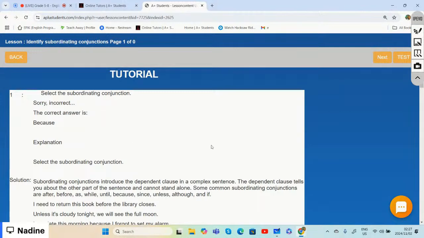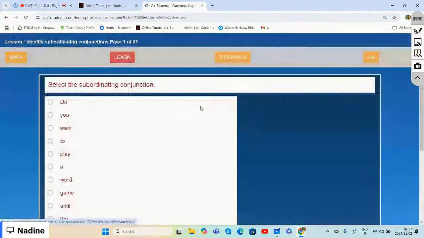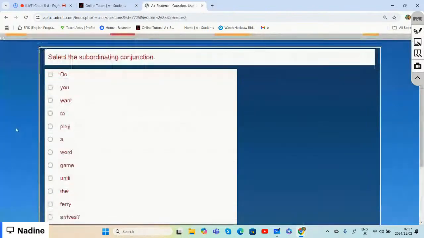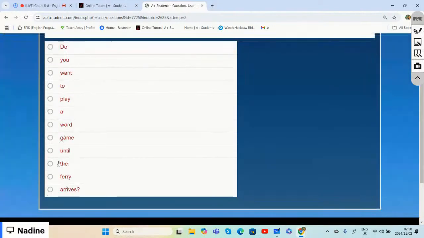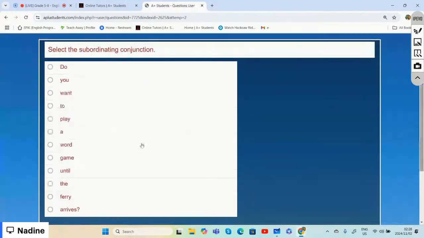All right, so let us go to our test. Okay, so we're going to select the subordinating conjunction within the sentence. Do you want to play a word game until the ferry arrives? We need to select the subordinating conjunction within that sentence.